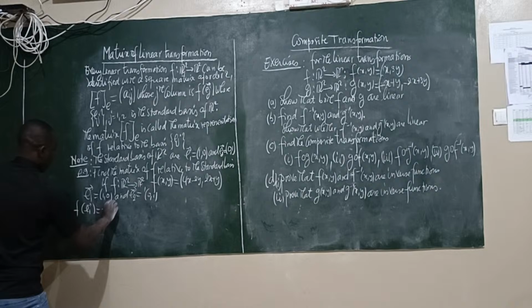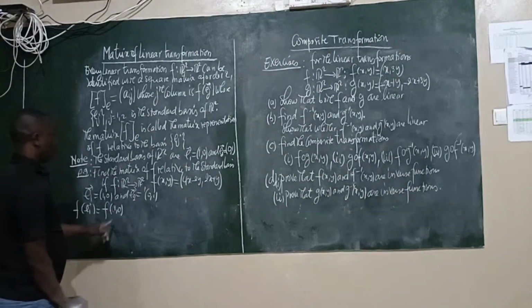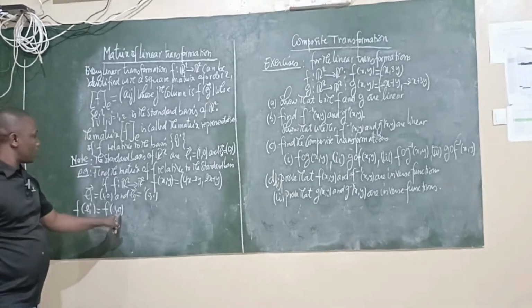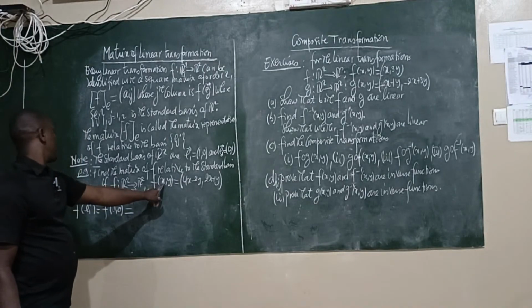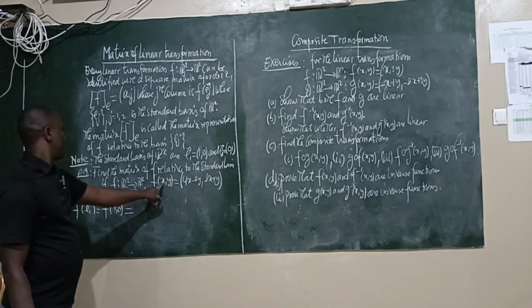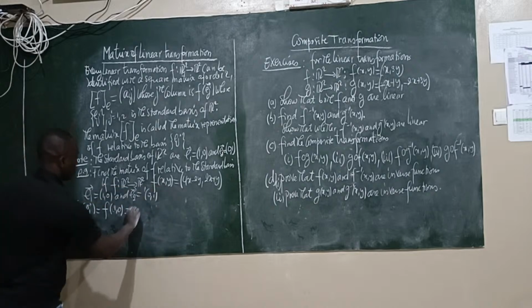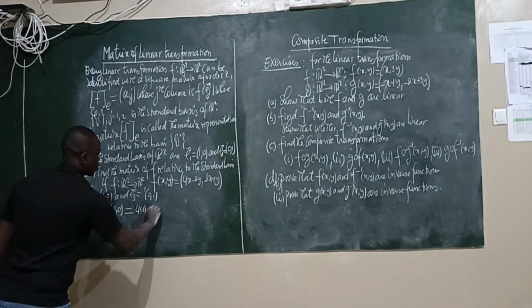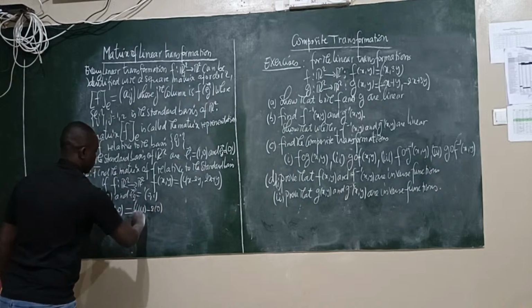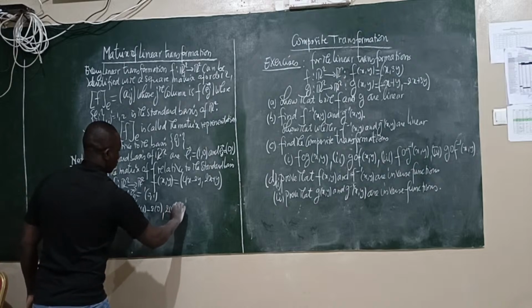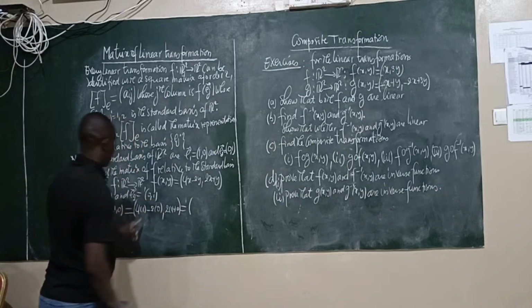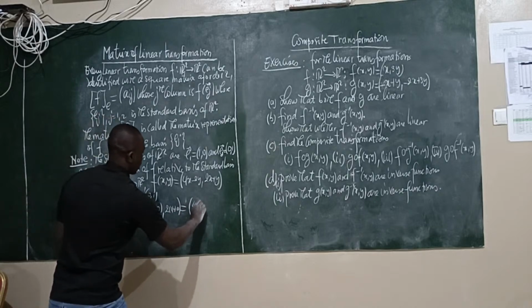This is going to be f of (1, 0). 1 will be replacing x while 0 will be replacing y. We have 4 times 1 minus 2 times 0, comma 2 times 1 plus 0, and this is going to be (4, 2).